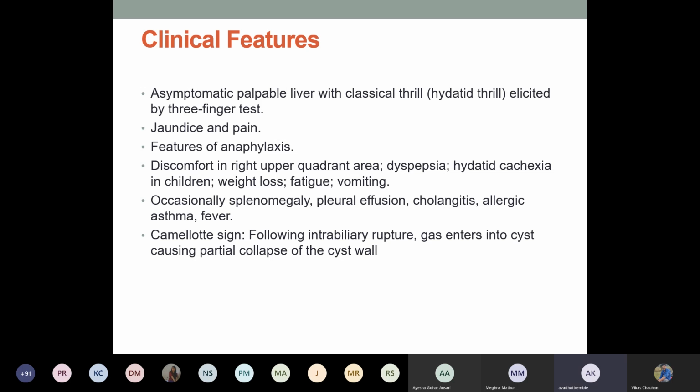Dyspepsia, cachexia in children. Weight loss, fatigue, vomiting. Occasionally, splenomegaly, pleural effusion, reactionary pleural effusion, cholangitis, allergic asthma, fever is seen.